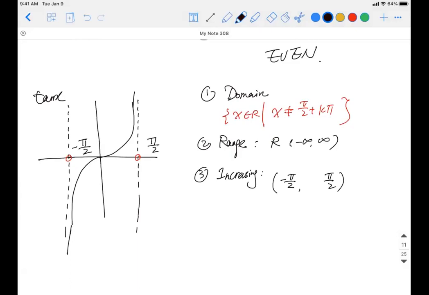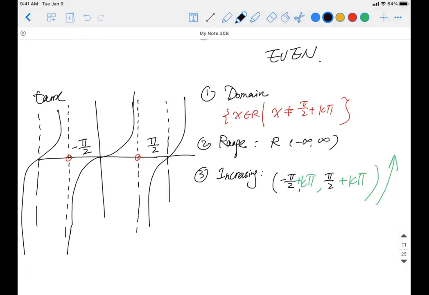These are the basic stuff. From minus pi over 2 plus k pi to pi over 2 plus k pi, tangent x is always increasing, because you can write another tangent here. You can write another tangent here.